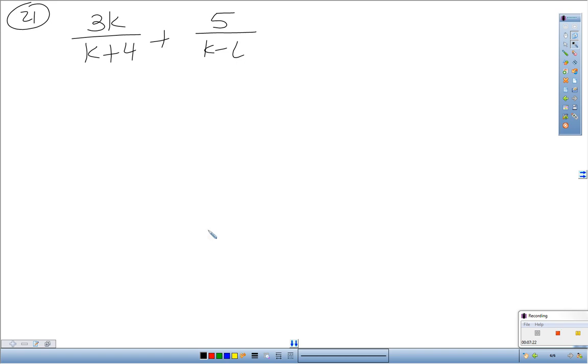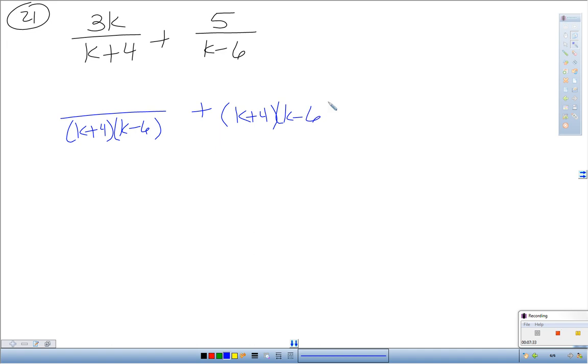Now, if they don't, so case in point like 21, I've got 3k over k plus 4 plus 5 over k minus 6. You have to get a common denominator, which in this case would be k plus 4, k minus 6. Well, what you do now is take the numerator and you multiply by what is missing.